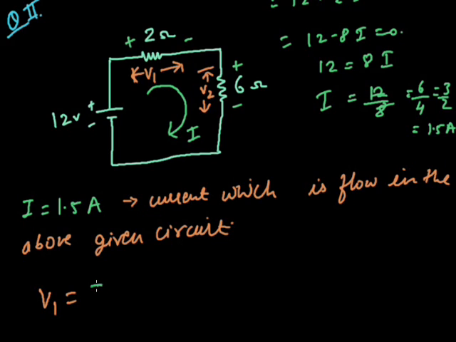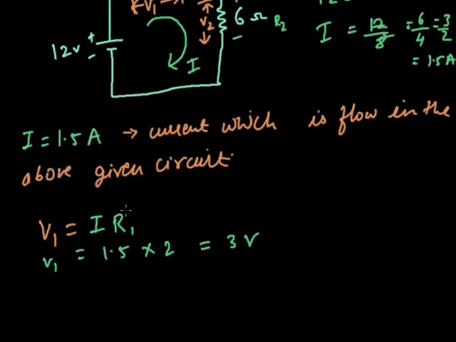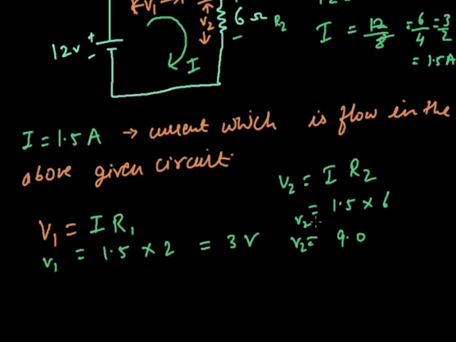So it will be 1.5 into 2, which is equal to 3 volt. This is the voltage across the 2 ohm resistance, and V2 is equal to I into R2, which is 1.5 into 6, equal to 9 volt. This is the V2 voltage.